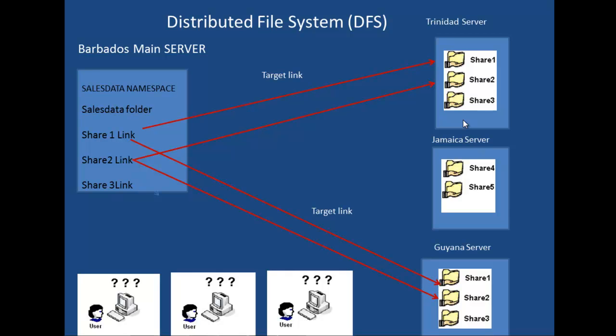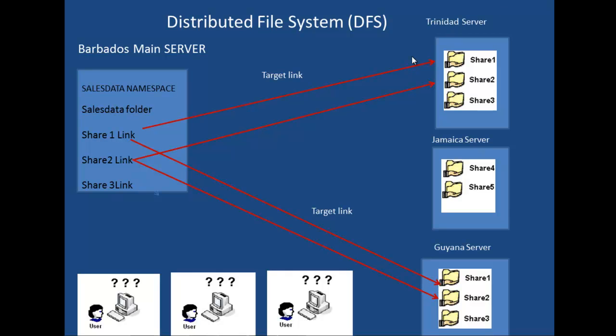Now, the distributed file system gives us a method of keeping track of where those shares are. What it does is it allows us to create what we call a namespace.